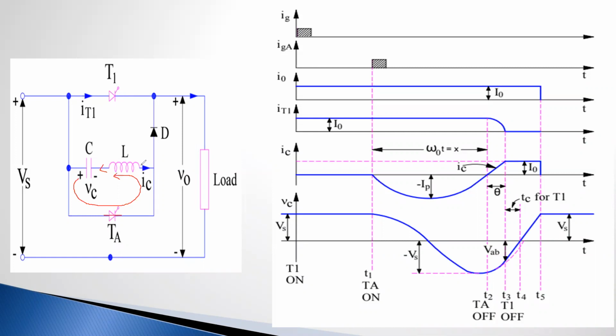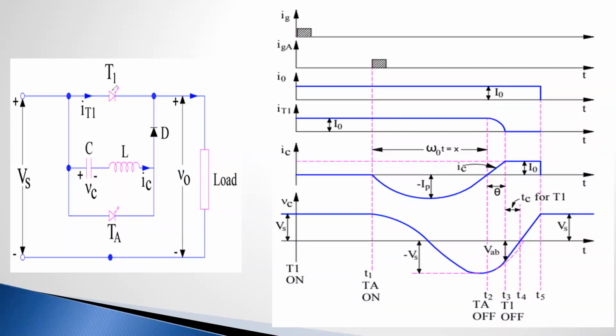This reference direction is considered positive, but the capacitor current is flowing in the opposite direction. So the capacitor current is in reverse direction. Clear? The capacitor current is flowing in reverse. Okay, next point.